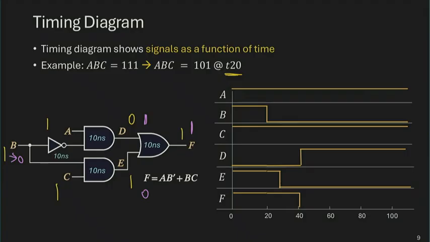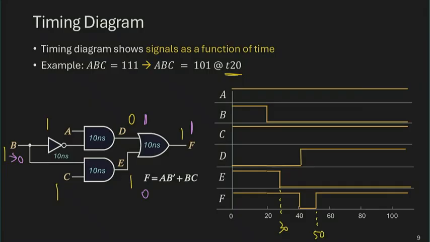But you see, at time 40, D goes from 0 to 1. So after another 10 nanoseconds, F will come back to 1. All right, please forgive my inaccurate drawing. So this is like time 30. This is time 50.